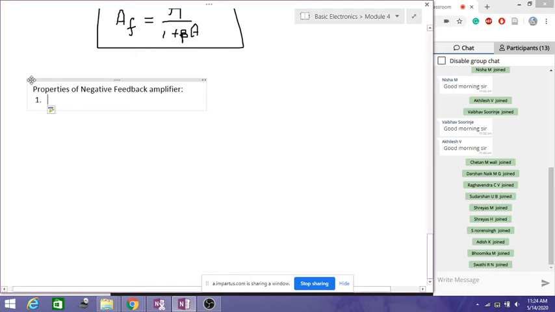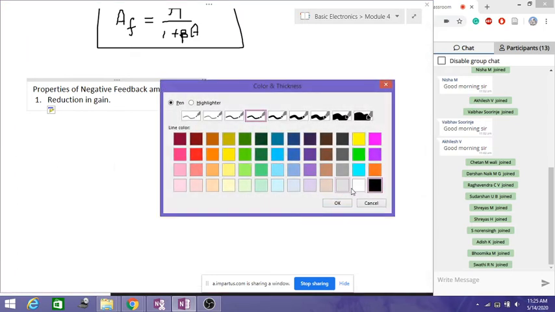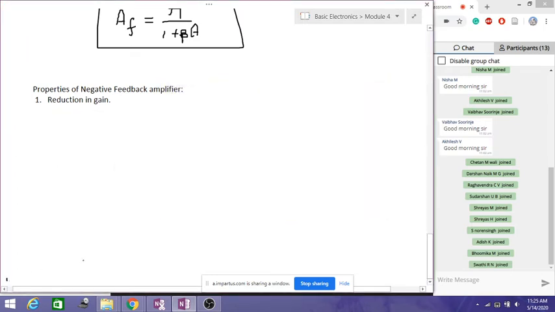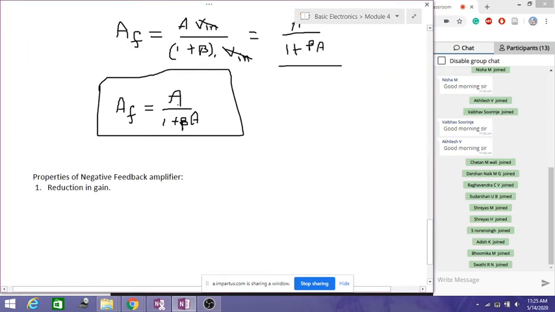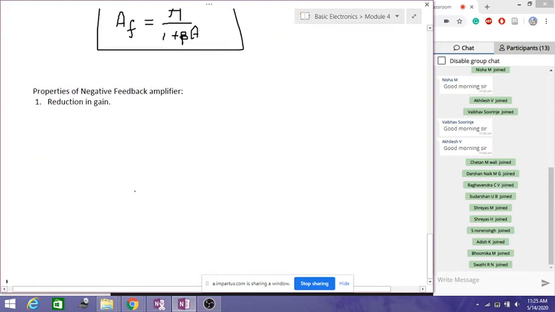The first property is that it has a reduction in gain. Why is that? Because if you look into the above equation, the overall gain is not just A multiplied with something else, it is A divided. So the feedback network is dividing the value of the gain, and the gain is a little bit reduced compared to the positive feedback.